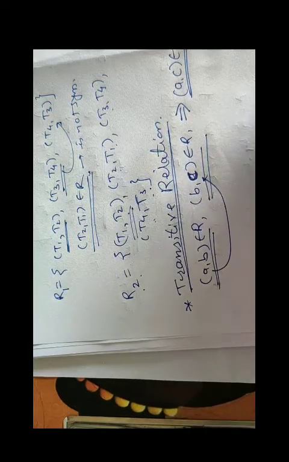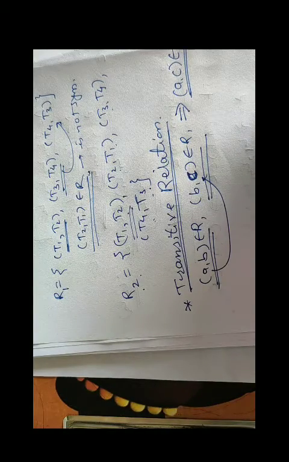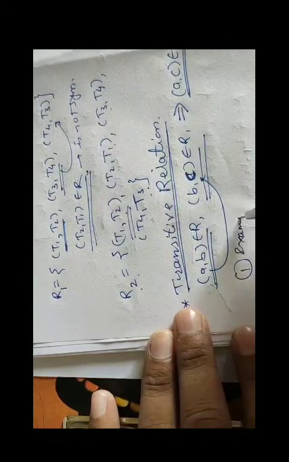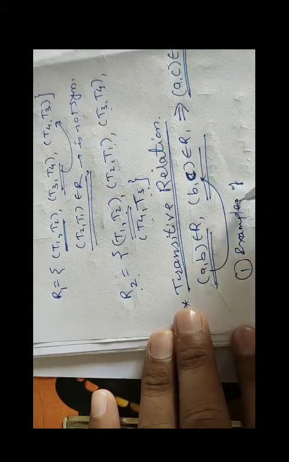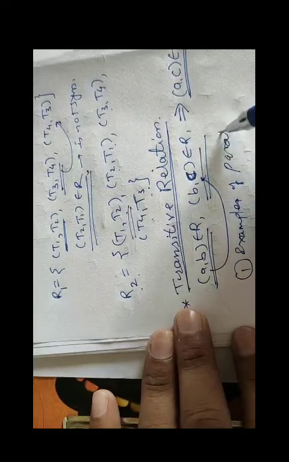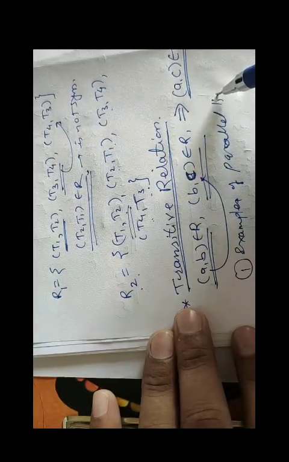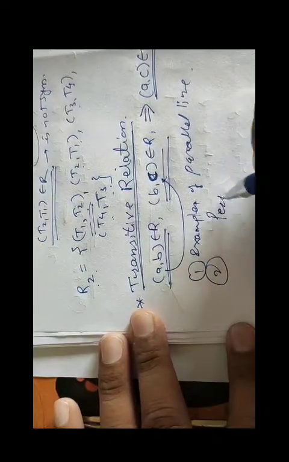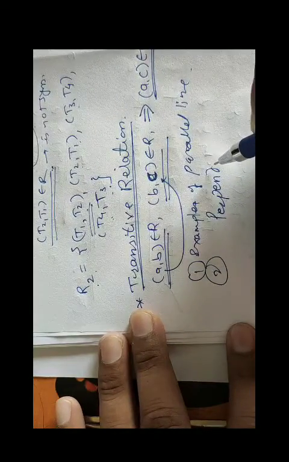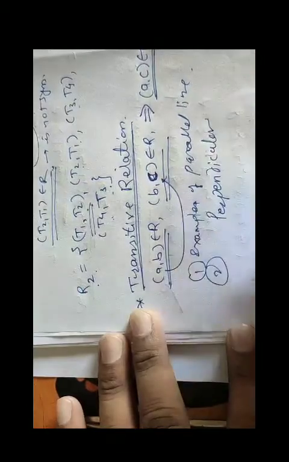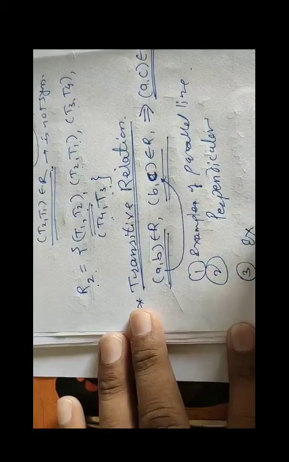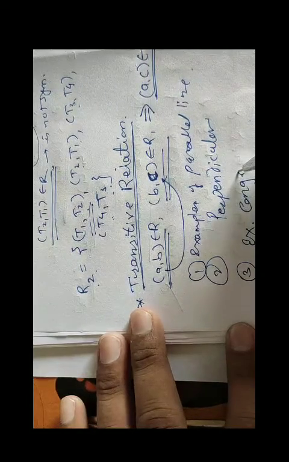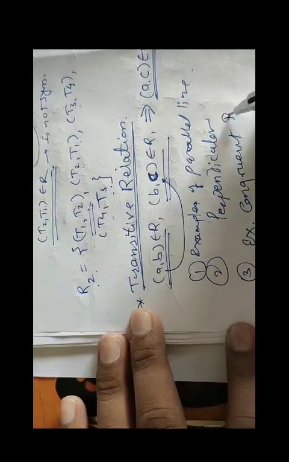So we can also revise these two or three examples. First is the example of parallel line, the example of perpendicular line, and after that the example of congruent triangle.